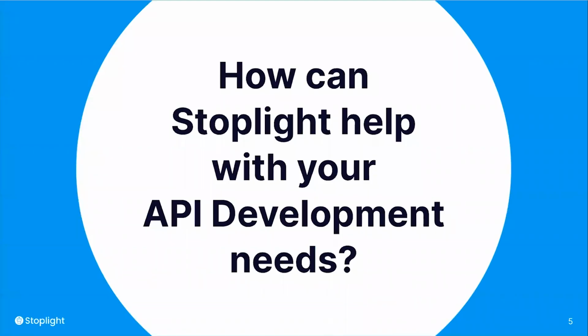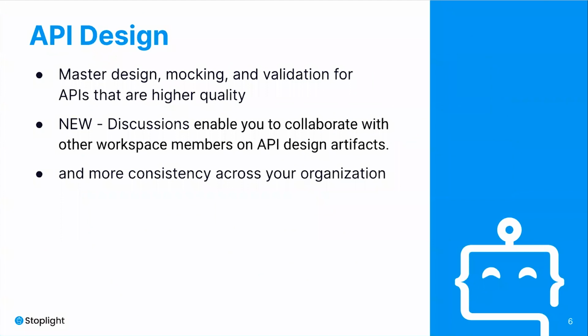All right, so let's take a quick look at some key features that can help you and your organization enhance your API development processes. Stoplight's API design features allow you to develop quality APIs with a collaborative approach to an API design philosophy.